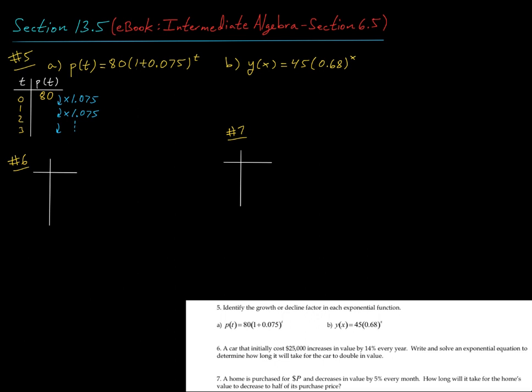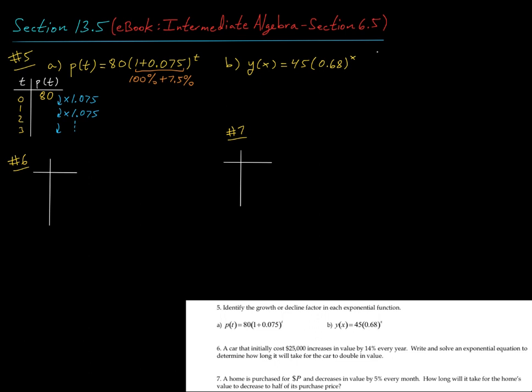Well, writing this multiplier in this form, 1 plus something, is really nice, because the 1 is emphasizing that I'm taking 100% of the previous year's value, and then I'm tacking on this number, which as a percent is 7.5% of that previous year's value.